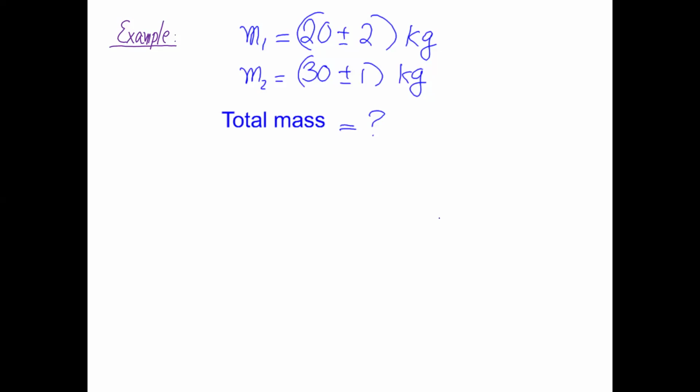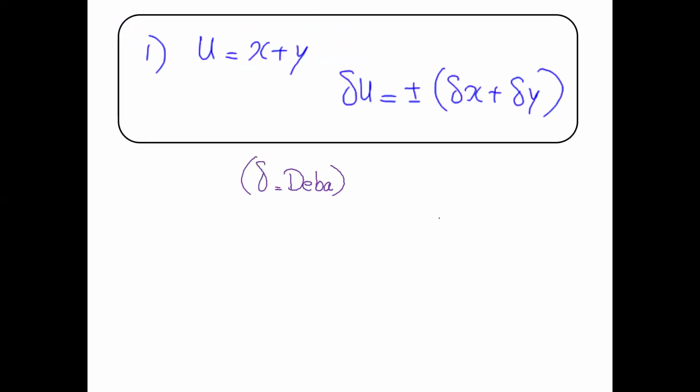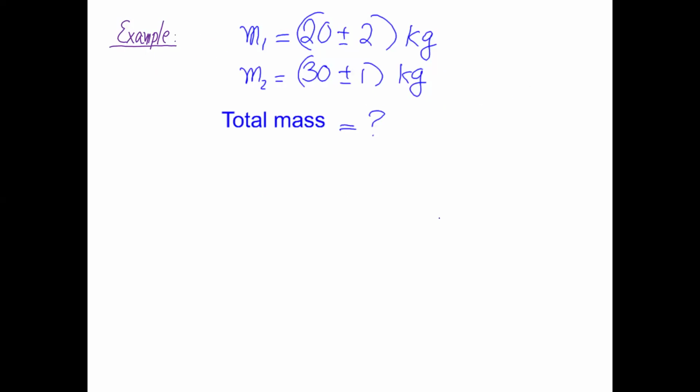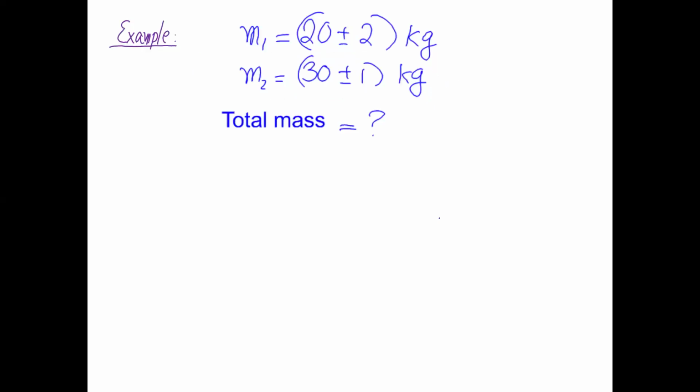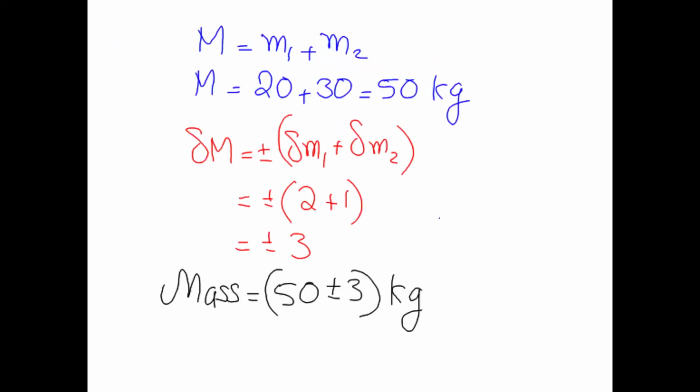So how will this formula be applied? Total mass is equal to the sum of the two masses, M1 plus M2, 20 plus 30. And for the uncertainty, it will be 2 plus 1, 3. So I will write the answer as 50 plus minus 3 kg.